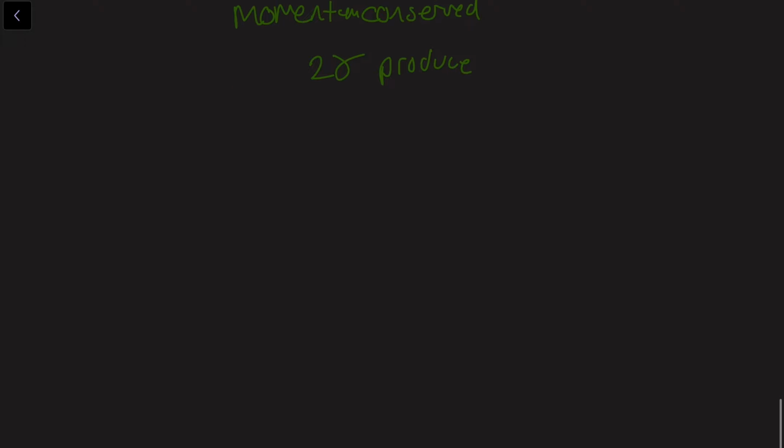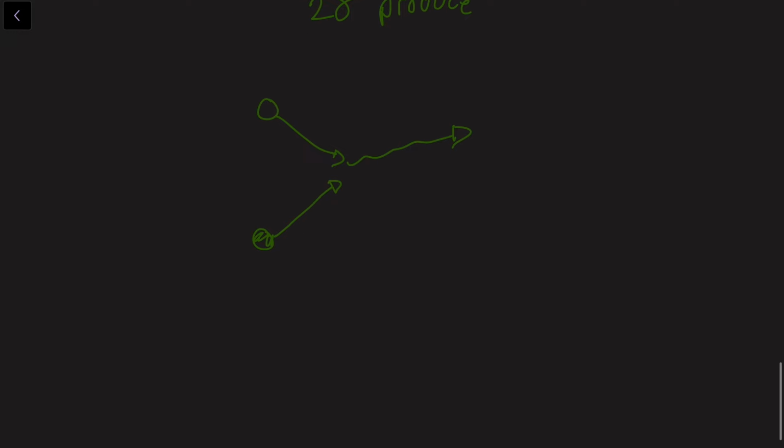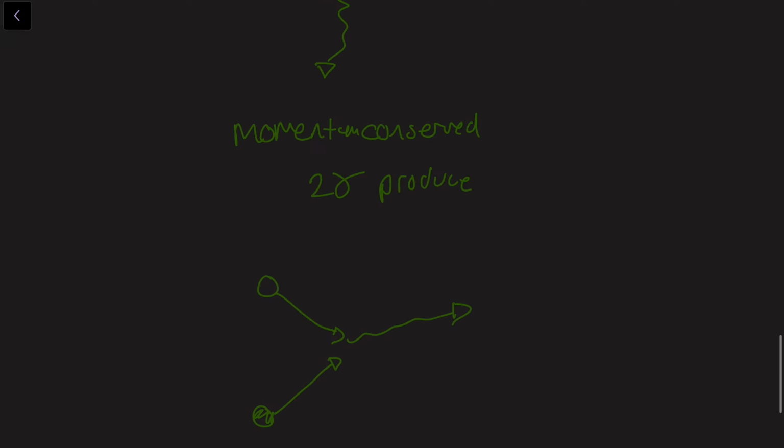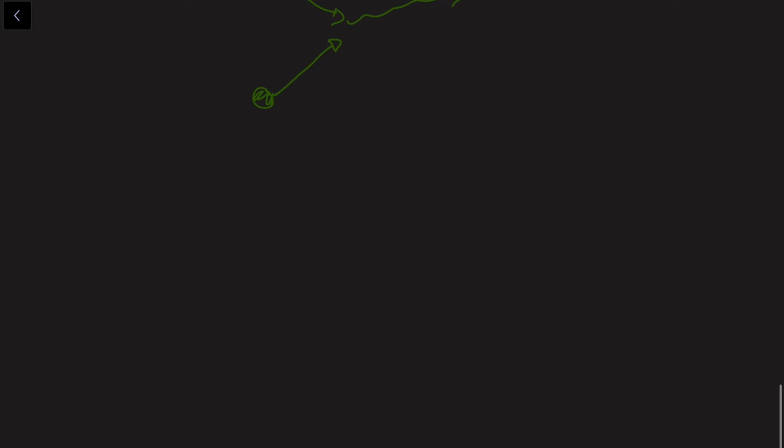But, for example, if you have them moving like this, you could always have 1 photon produced. So that is possible, it just depends on the orientation of your setup, but it's quite common that 2 will be produced, so I think it's safe to assume that. And this thing is called annihilation.